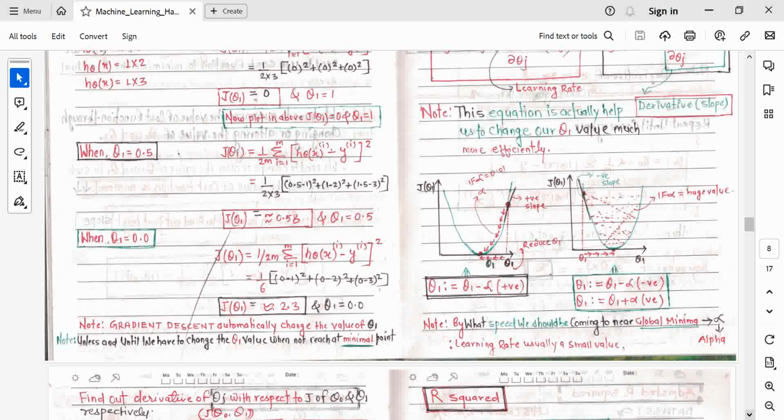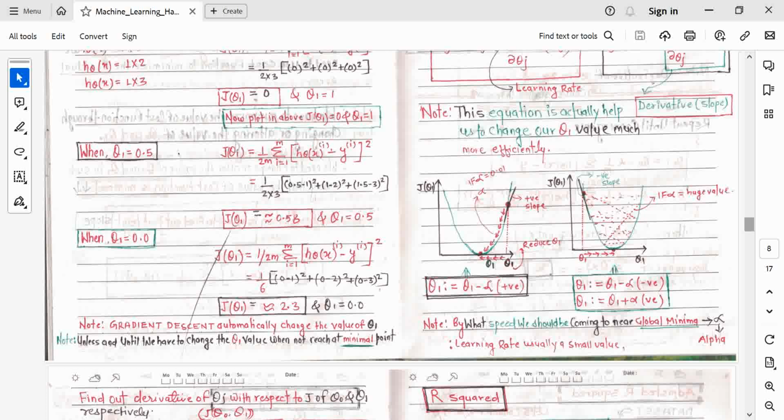Don't worry guys, we have to plot the points as we have already discussed, and we find J of theta 1 is approximately 0.5, which is the cost function, for theta 1 equal to 0.5. You have to remember that these are the function or formula notations of the cost function we have to find.